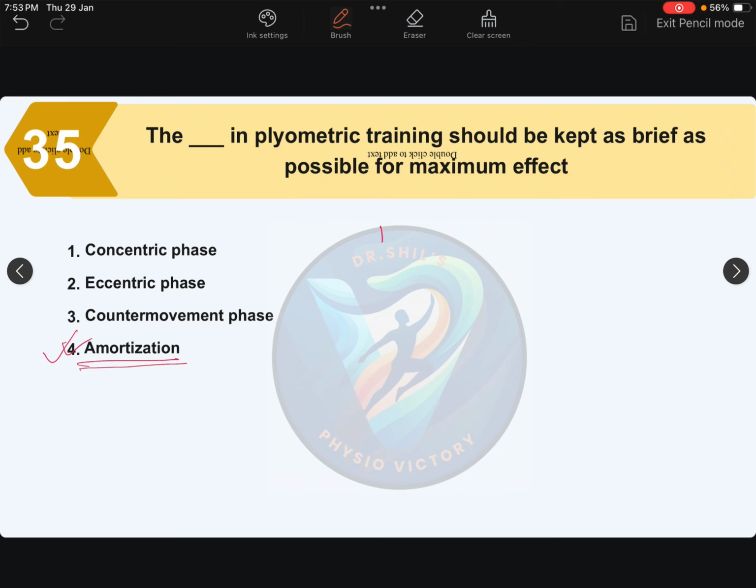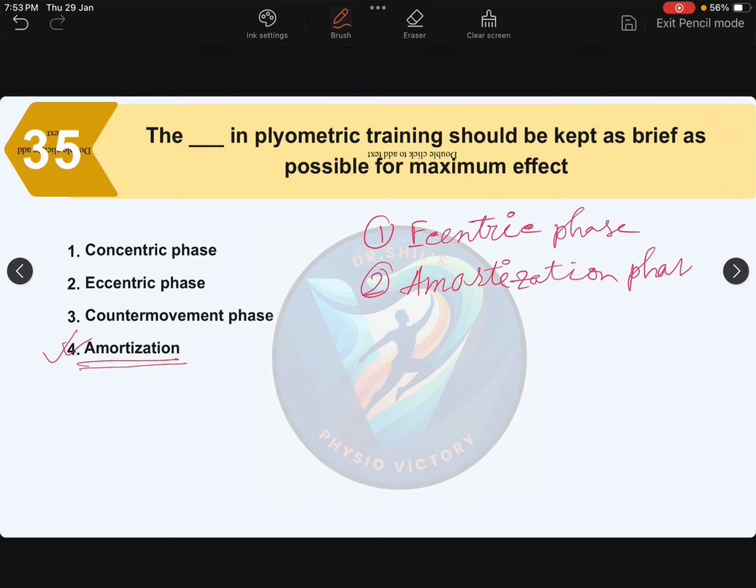First is the eccentric phase, second is the amortization phase, third is the concentric phase. Basically, a shorter amortization phase leads to a better stretch shortening cycle, which leads to greater power output.